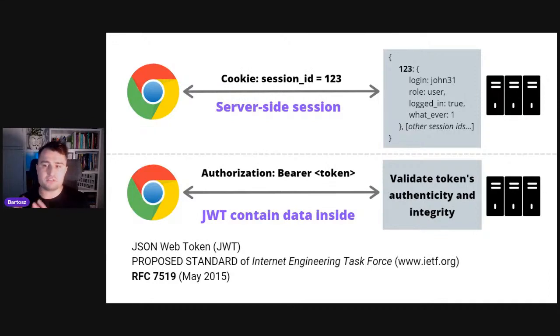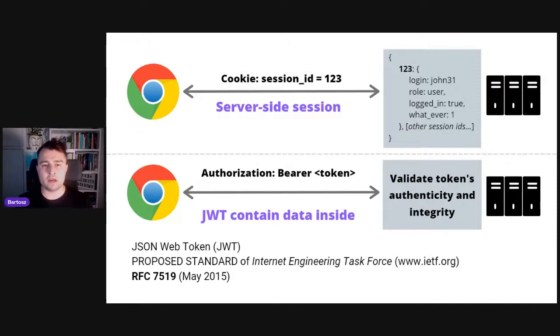The very old approach, from the beginning of the internet, is server-side session with session cookies. In this case, the server maintains a list of sessions, and every time there is a request coming from the browser to the server, there is a special session ID attached to this cookie. Based on that value, the server can retrieve the information and build a context for this session.